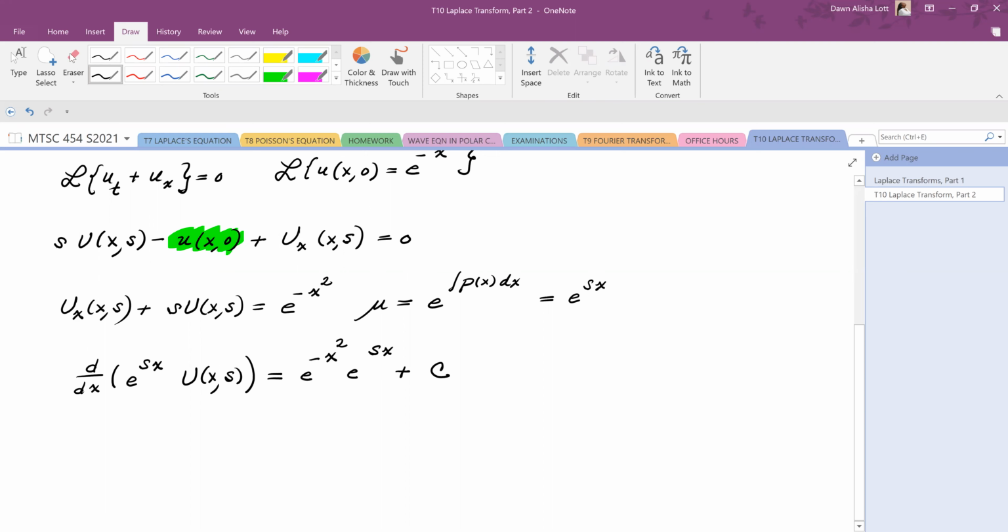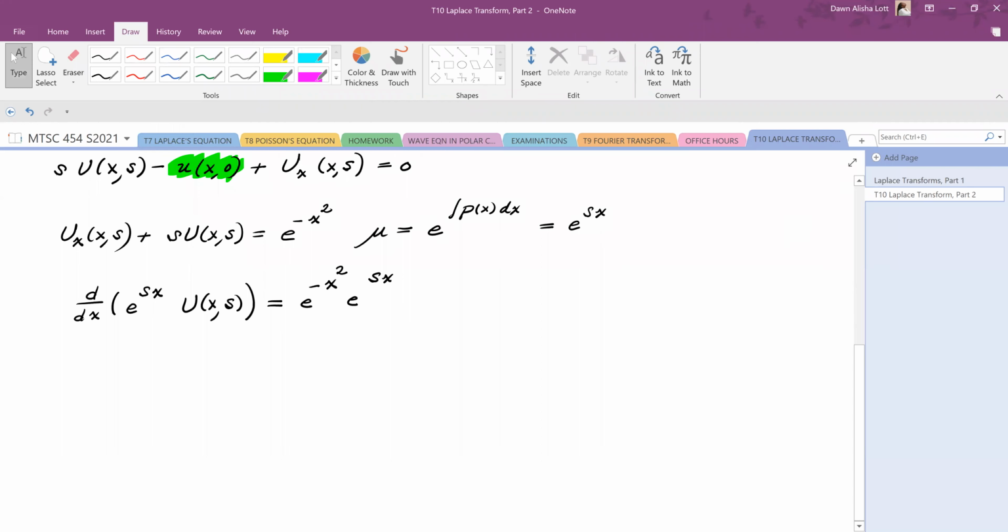Oh, I didn't integrate yet. We just have that. Okay, so when we integrate this, e^(sx) U(x, s) is equal to the integral of this thing.